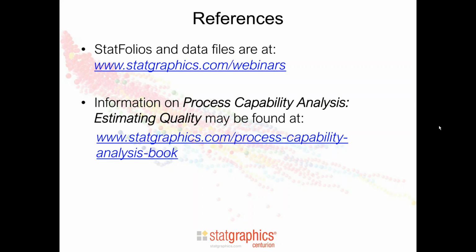There was another question asking whether the book that I wrote requires Statgraphics to understand the material. It does not require Statgraphics to understand the material, and some of what's covered in the book can be done using other software. What I've talked about today, though, I'm not familiar with being in any other program.